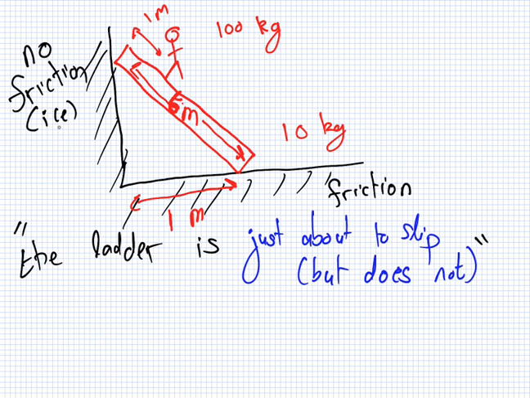Do you remember my example earlier? So it's slippy. So it means that the reaction here is straight out, not at an angle, because it's a slippy wall. You can't hold yourself on the wall up or down. It just pushes out. Okay? But the ground has friction.